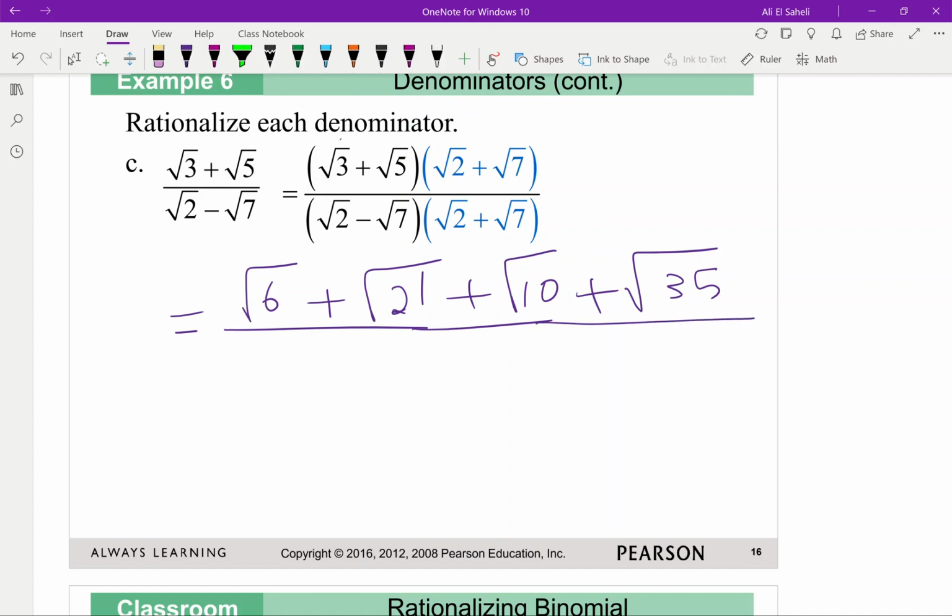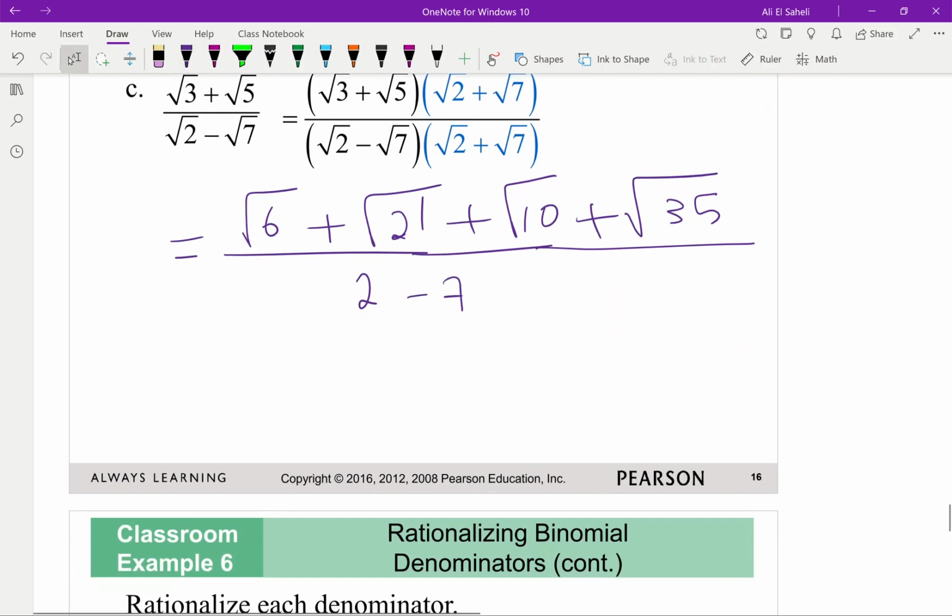In the denominator, it's much easier because we have a minus b times a plus b. So this is 2 minus 7. What we have is minus 5, radical 6 plus radical 21. 21 is 3 times 7, so it's not useful.